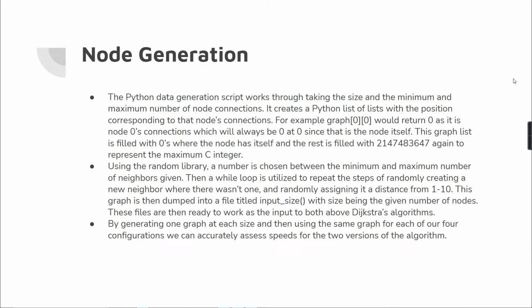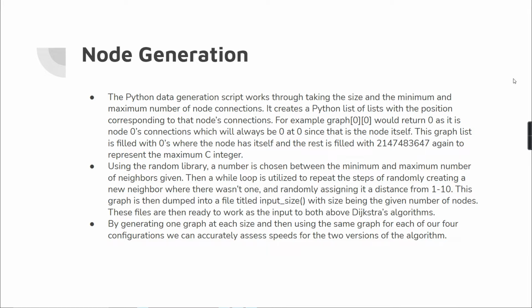So this graph is initially filled with zeros, where the two indices are the same, and the rest is filled with the maximum value of an integer in C. Next, we use the random library to choose a random number between the minimum and maximum number of neighbors.